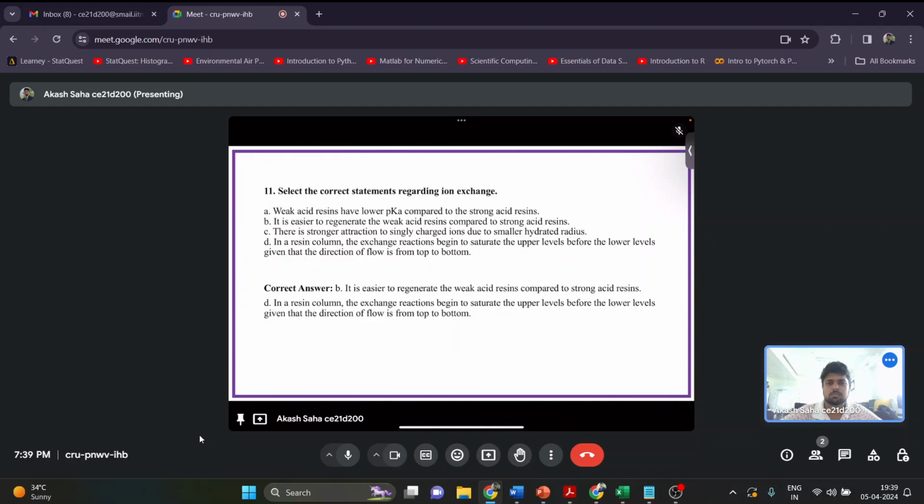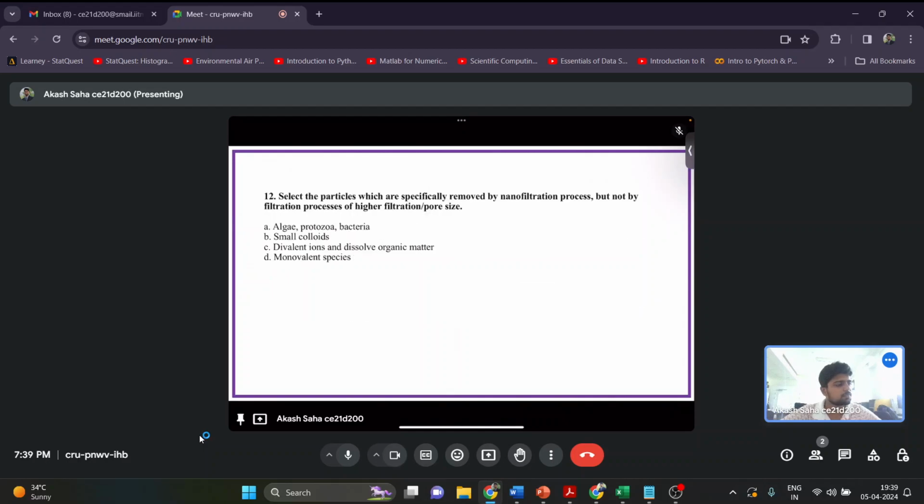Now let's move on to the next problem. Select the particles which are specifically removed by the nanofiltration process but not by filtration processes of higher pore size. Okay, so here we have to think only about nanofiltration, like which of the particles will be removed by only nanofiltration but not by the higher filtration processes.